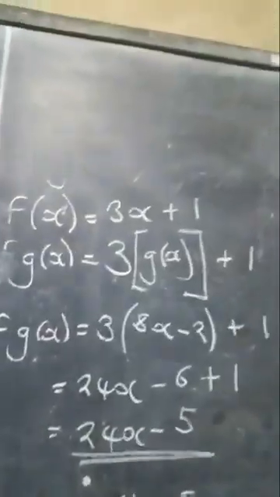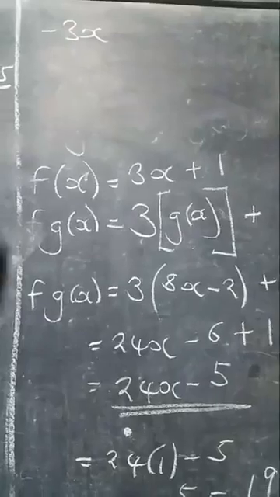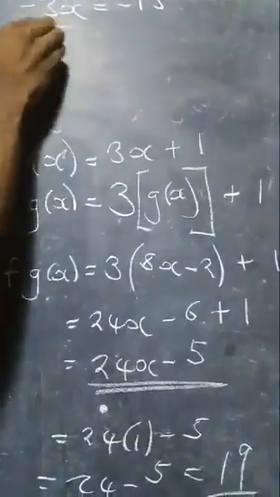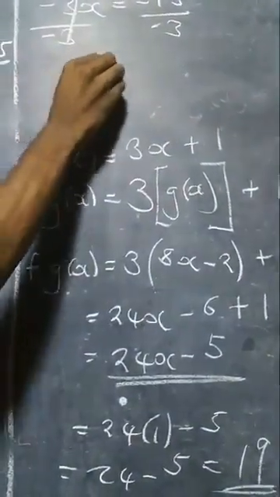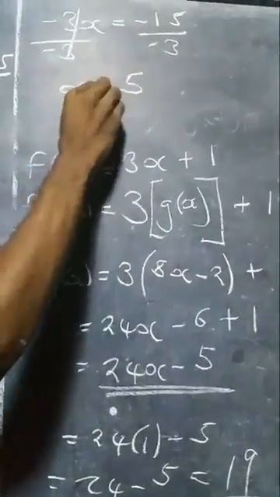So x minus 4x is negative 3x. Negative 10 minus 5, that's negative 15. We divide over negative 3. So x is equal to negative, negative, positive. So x is equal to 5.